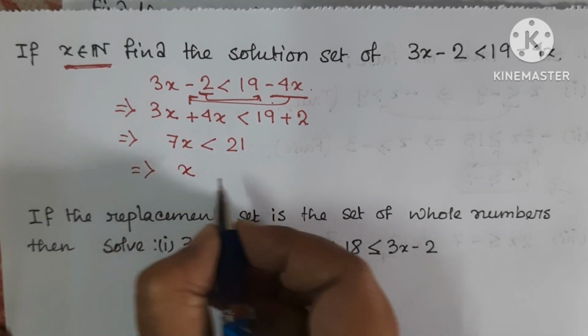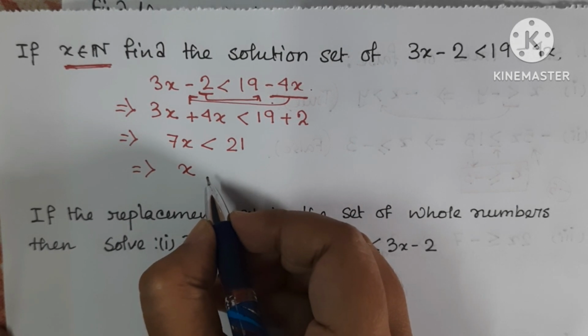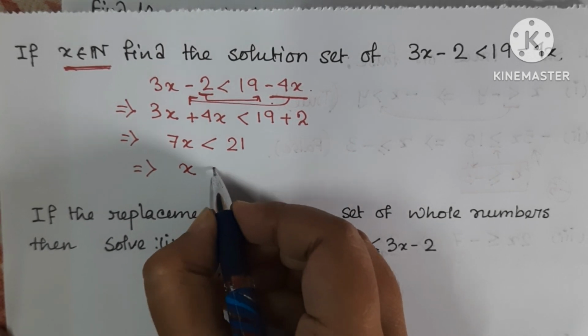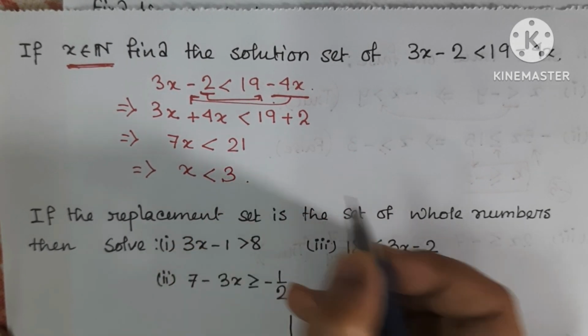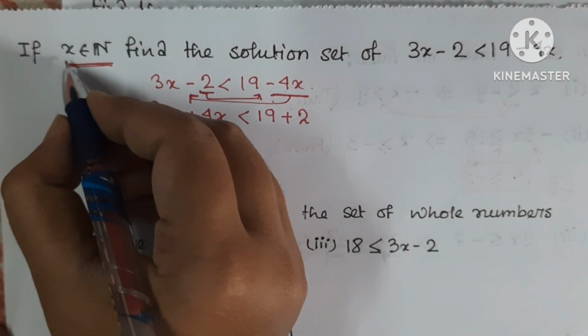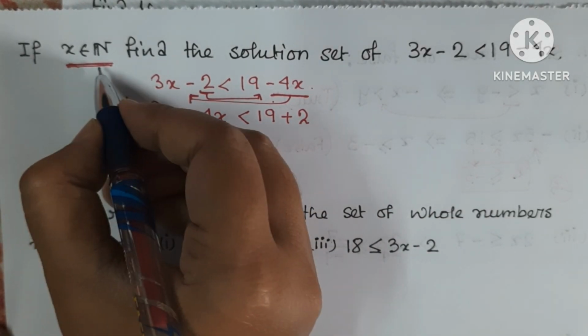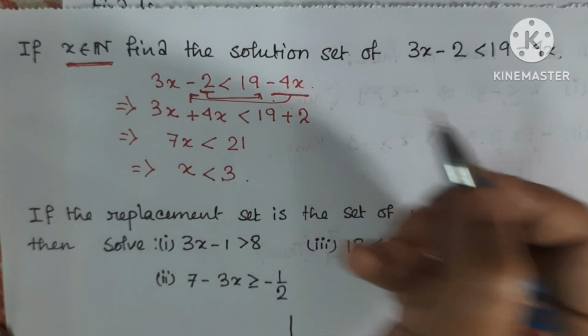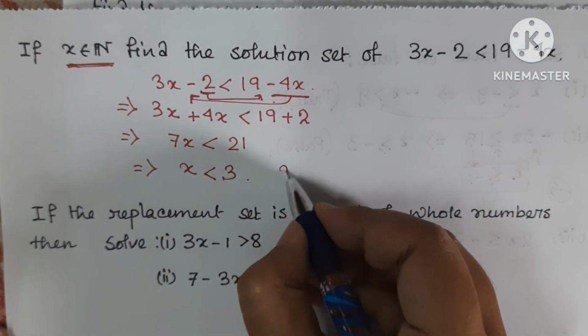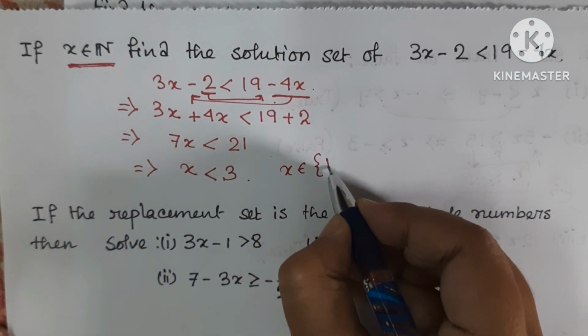You will get x less than 3. Now the condition is that the replacement set is N. So what will be the solution set? x belongs to 1 and 2.